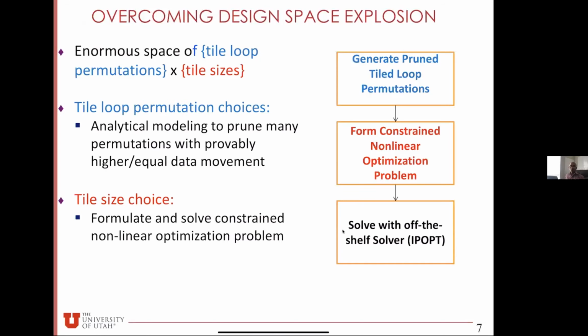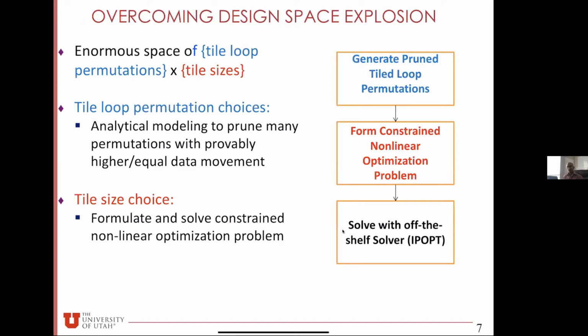The overall approach that we take to overcome this design space explosion is, as far as loop permutation choices are concerned, we use an analytical modeling strategy to prune away a huge number of the possible permutations by showing that a small subset will have provably less or equal data movement.